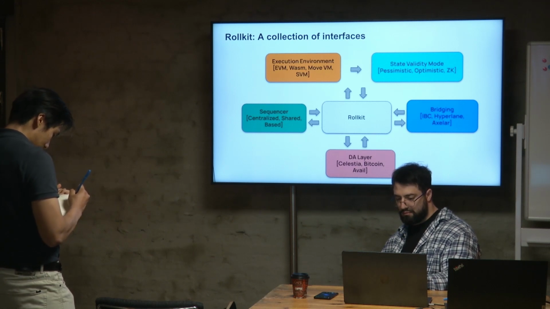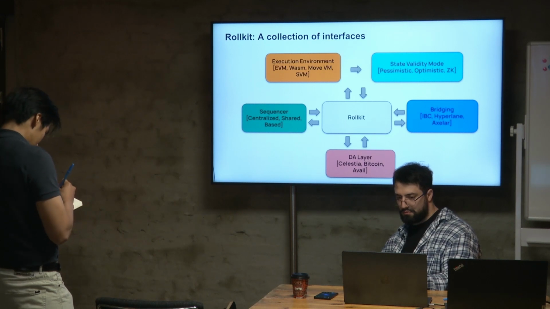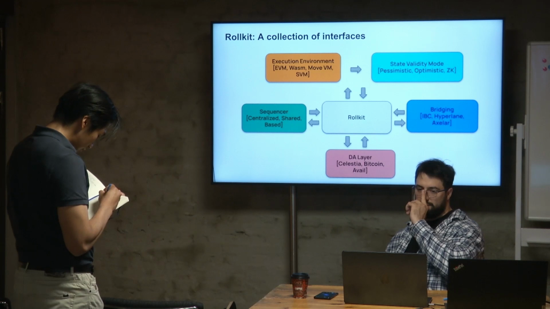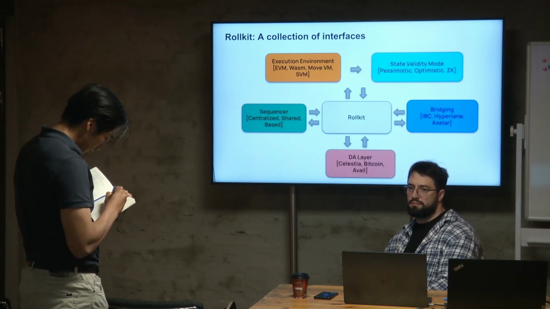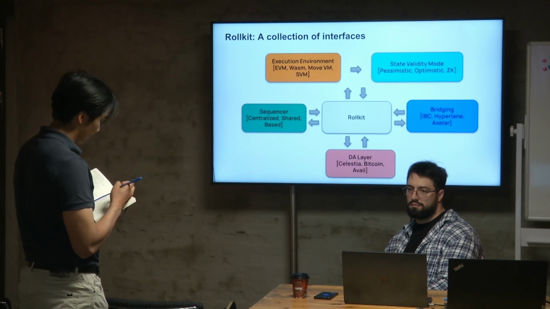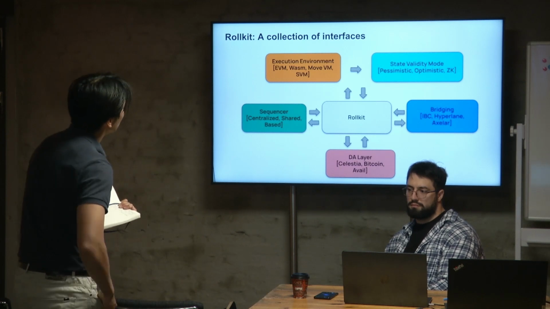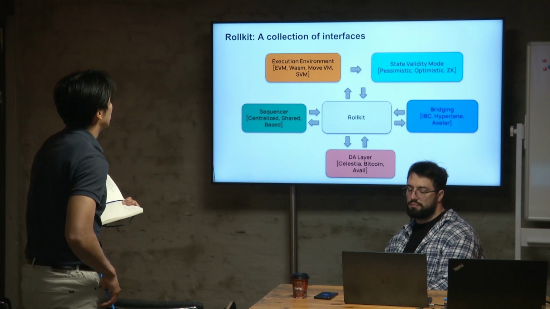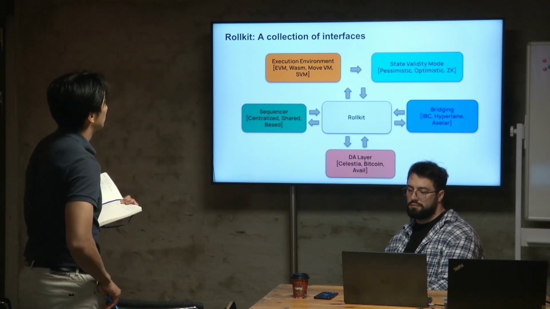For example, the Avail team, which contributed the implementation for their DA layer to Rollkit, has also been working on general Rollkit issues. We expect that to happen more with shared sequencers and execution. That's the vision for it.